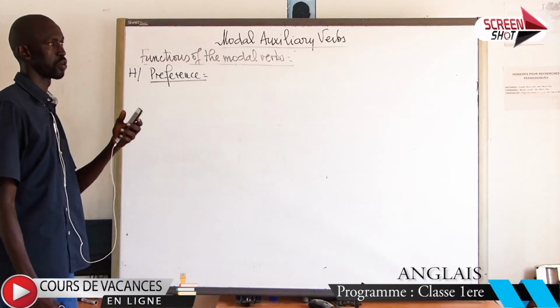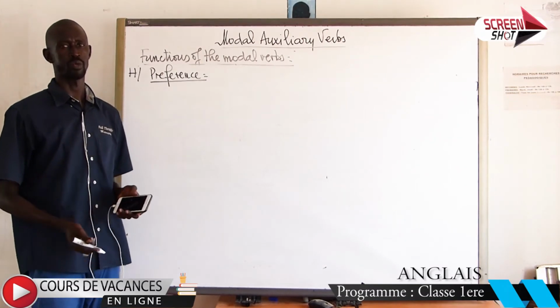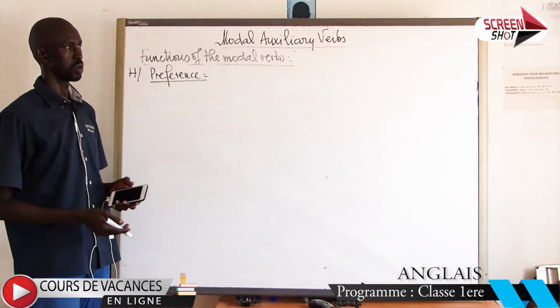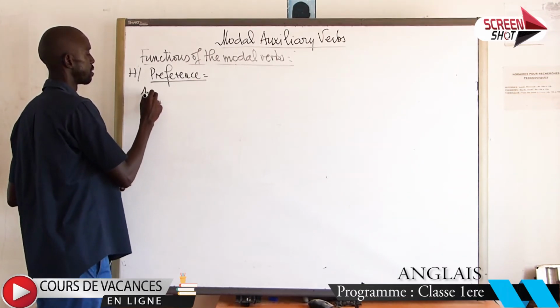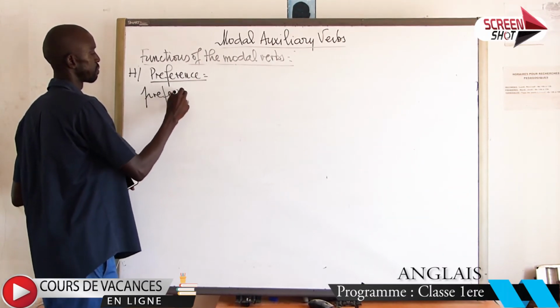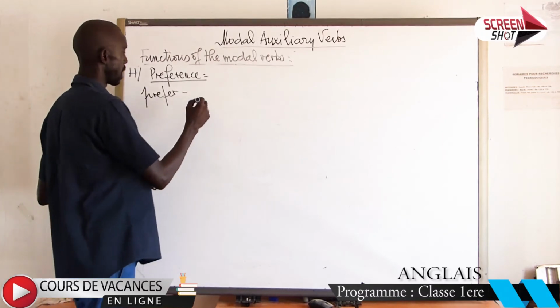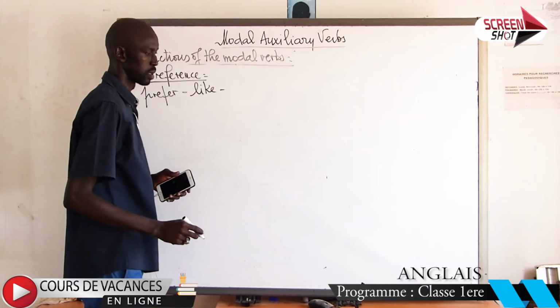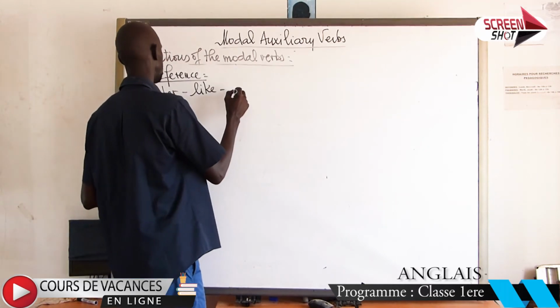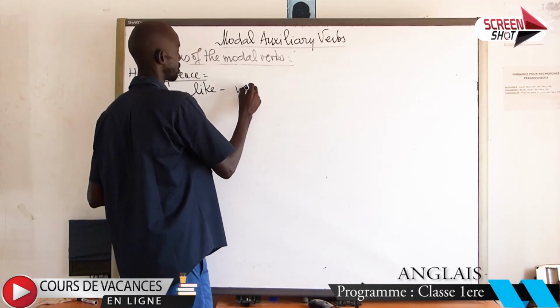And then we have also how to express a preference. To express a preference, we can have the verb prefer. We can have also the verb like. We can have also would you rather.